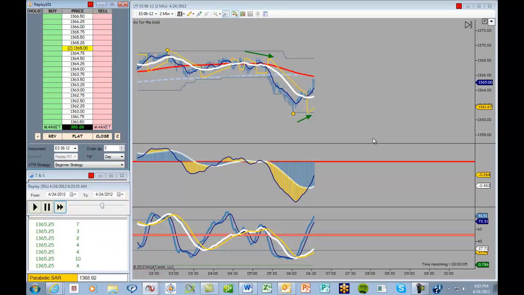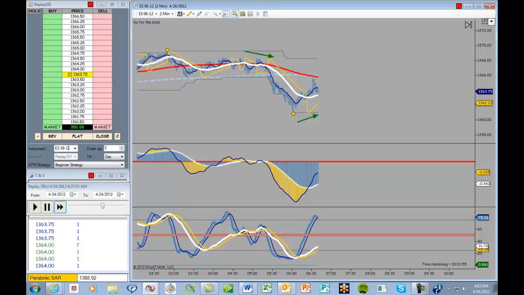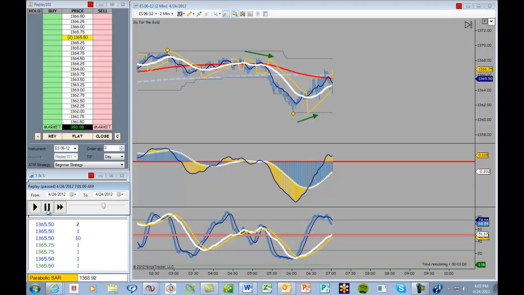Beautiful. All right, we flipped the parabolic.